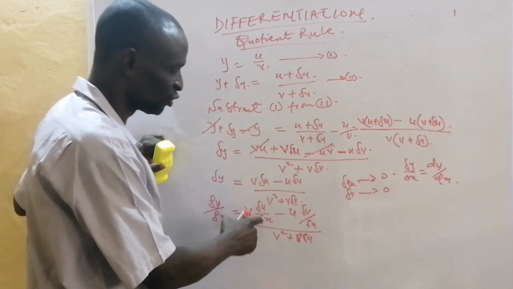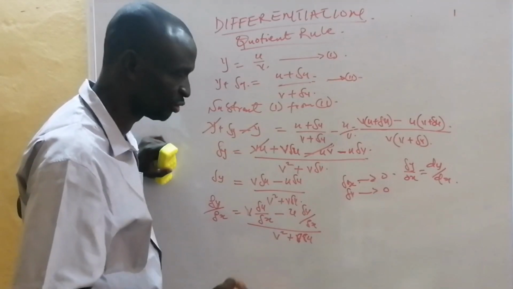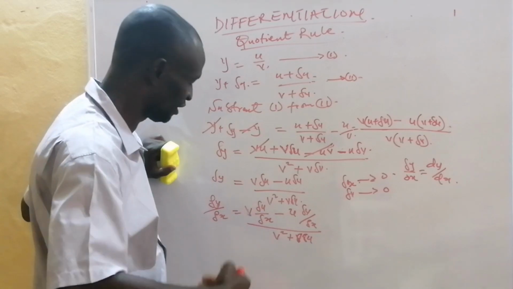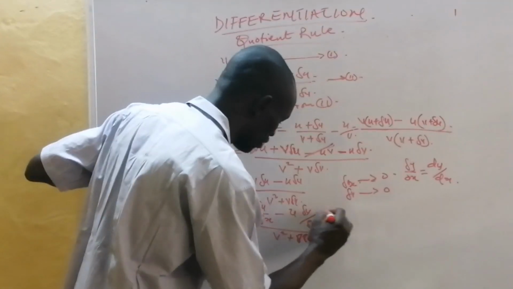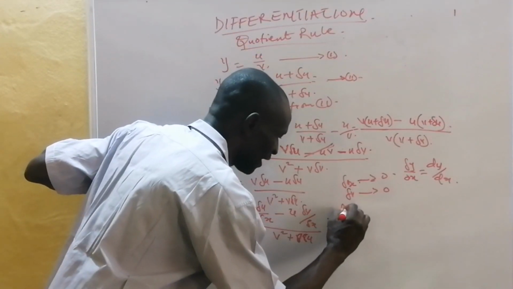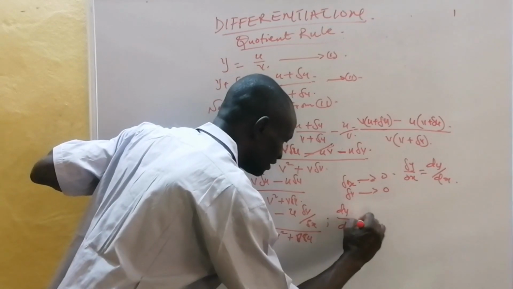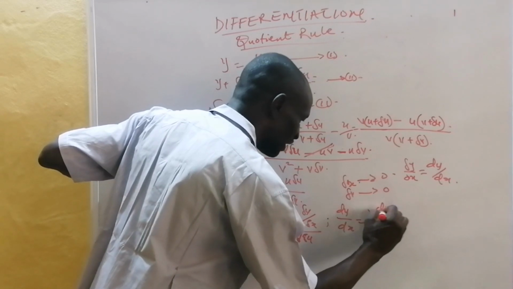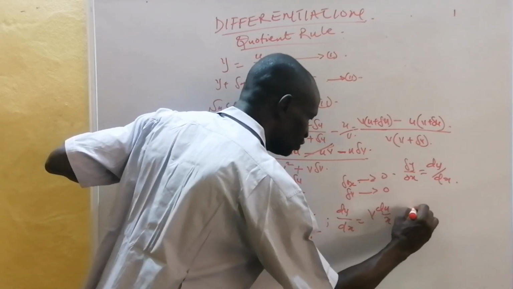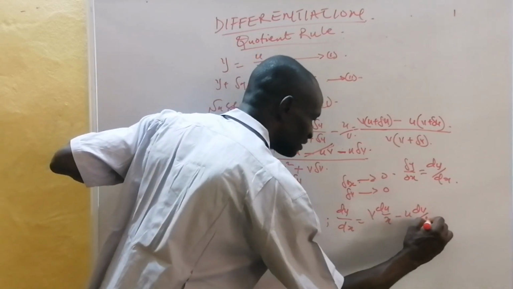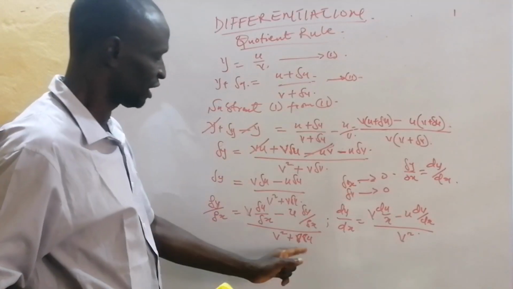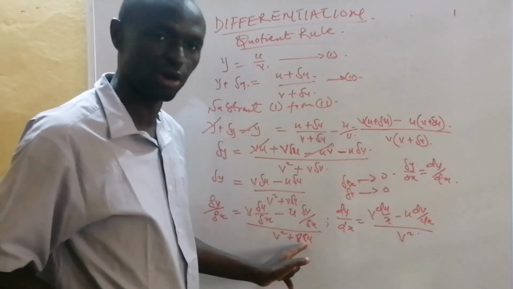The same thing with change in u over change in x, it becomes du/dx, and change in v over change in x becomes dv/dx. So I can now confidently say that dy/dx is the same thing as v du/dx minus u dv/dx over v squared, because change in u or change in v becomes 0.